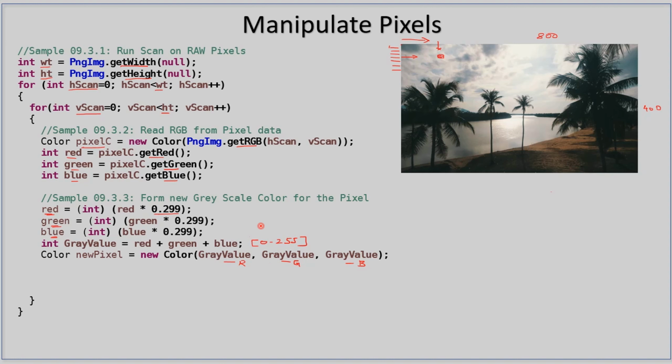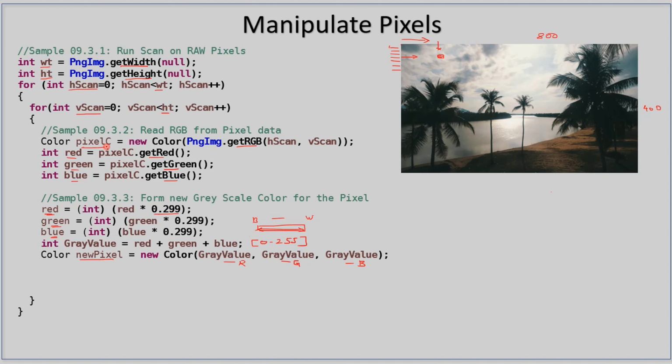That means in the grayscale, it will be somewhere here. 0 being black and 255 being white, and in between there is some gray. That's how our new pixel gives the grayscaled value.